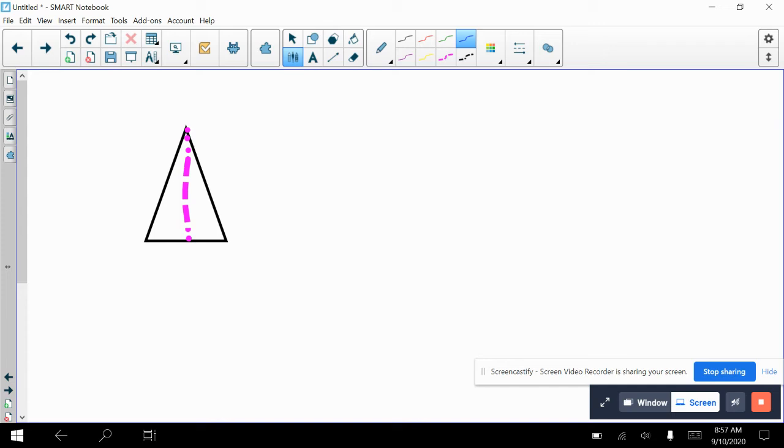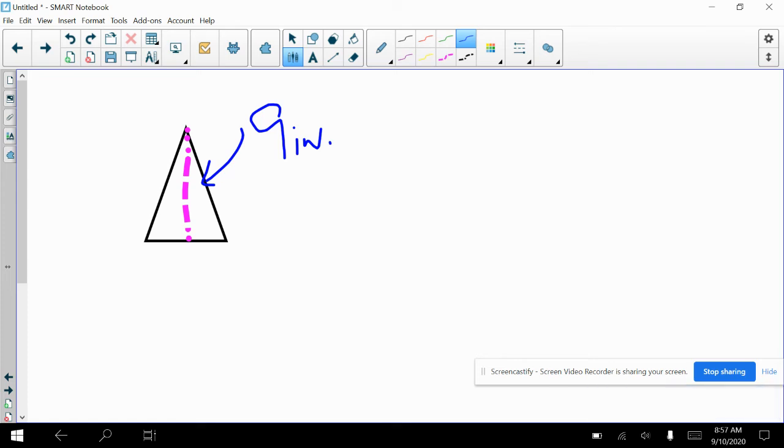That usually is the height of something. Okay, so we're going to say that the height is 9 inches. And we're going to say the base is 24 inches.